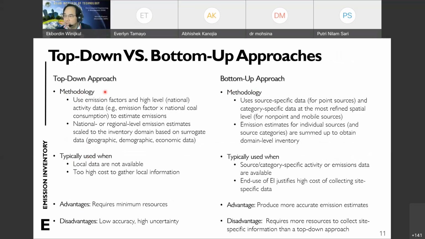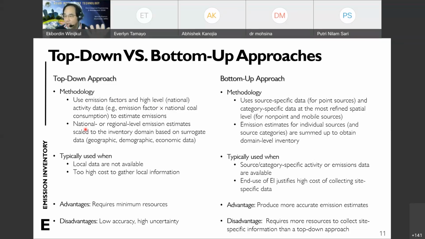We usually start with the emission factor and activity data at the high level. For example, if you want to calculate emission from the transportation sector in Thailand, then maybe I go to the Department of Energy or Ministry of Energy in Thailand and look for the amount of energy used in the transportation sector in Thailand.